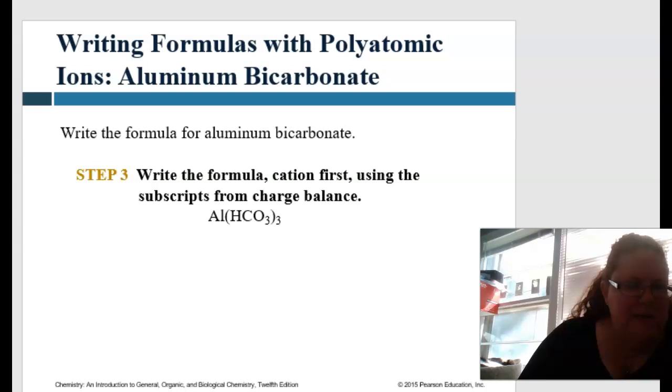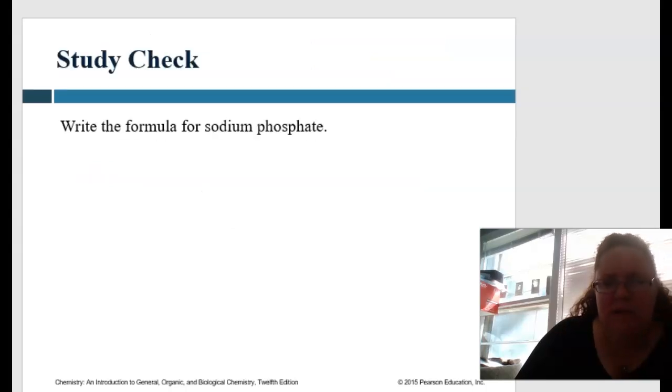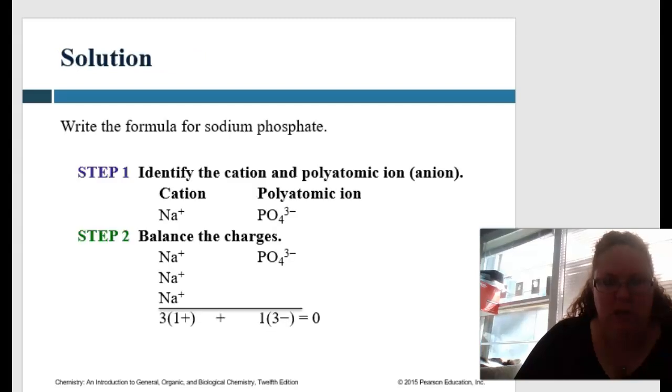So let us practice. Pause me, and let's write the formula for sodium phosphate. Pause me and then come back. Sodium has a +1 and the phosphate is PO4 with a -3 charge.